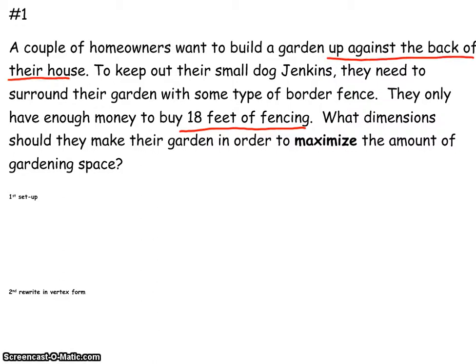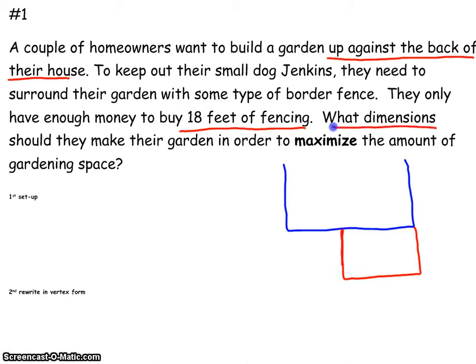This is important because if you imagine a house and we are building a garden that we have to fence, one of the sides is the wall of the house, so we only need three sides of the fencing. And the question says, what dimensions should they use to maximize the amount of gardening space?